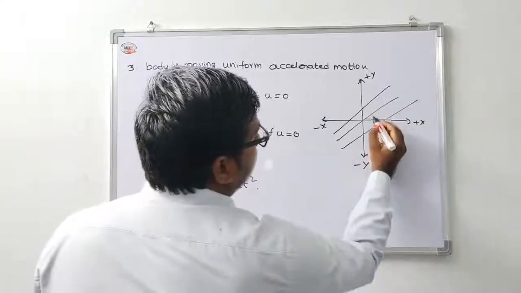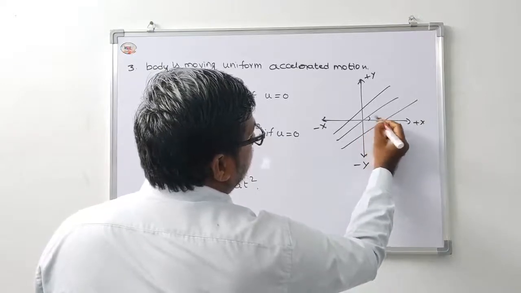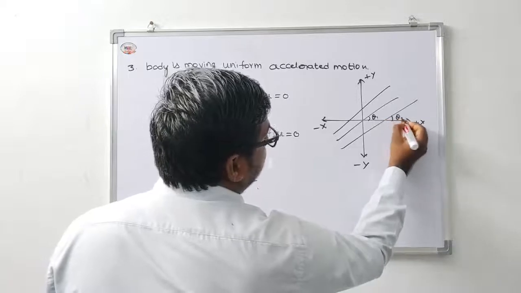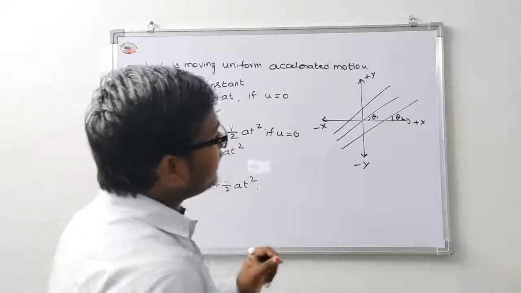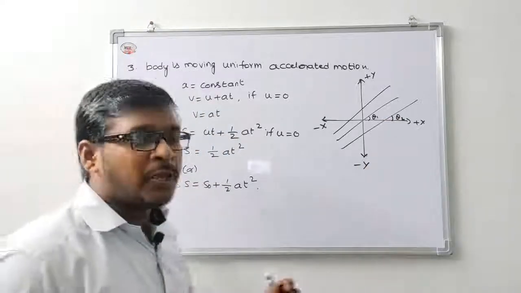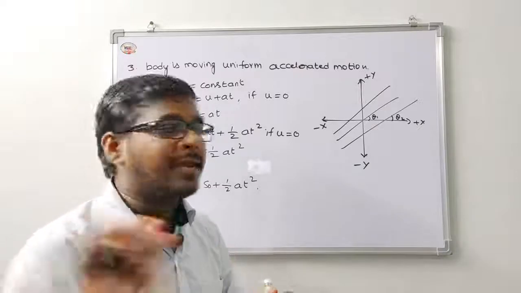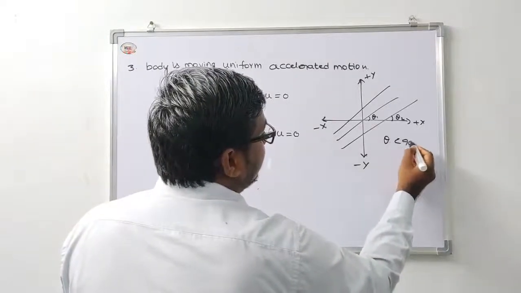That angle is theta 1, and this is theta 2. In this, the angles are acute angles. Acute means that the angle is less than 90 degrees, theta less than 90 degrees.